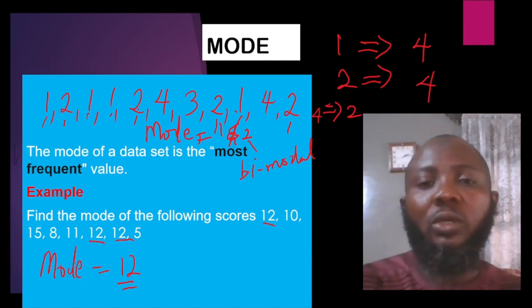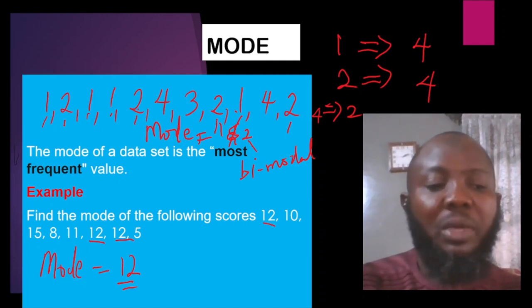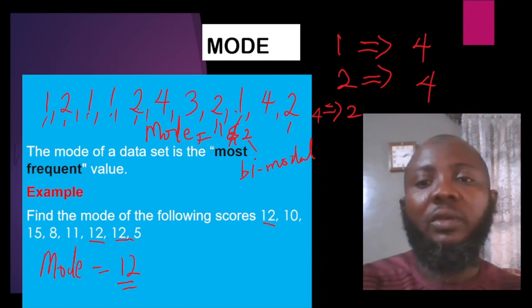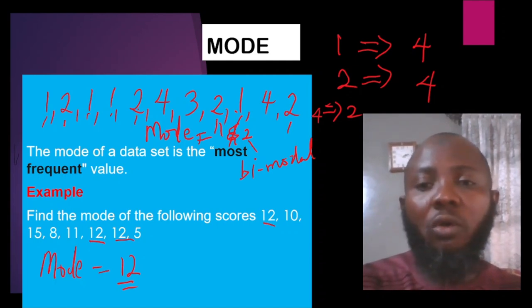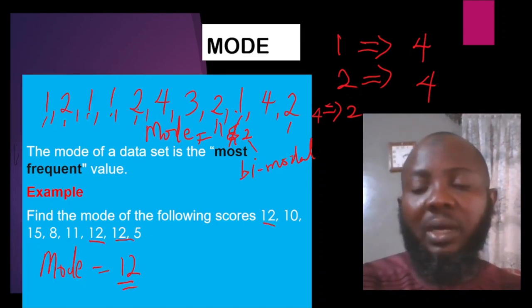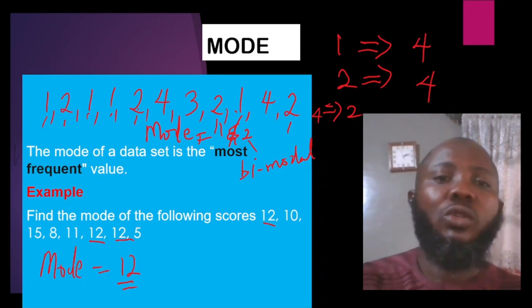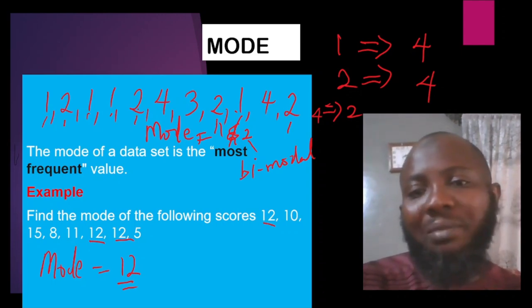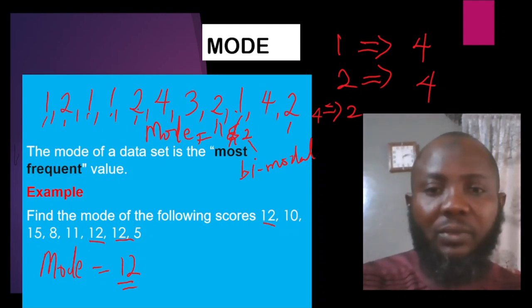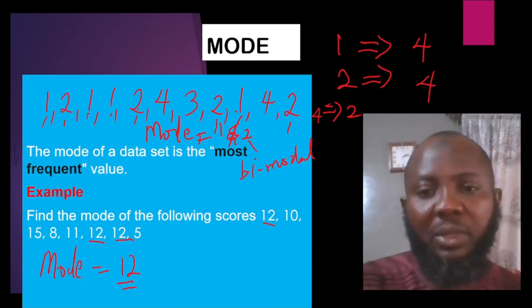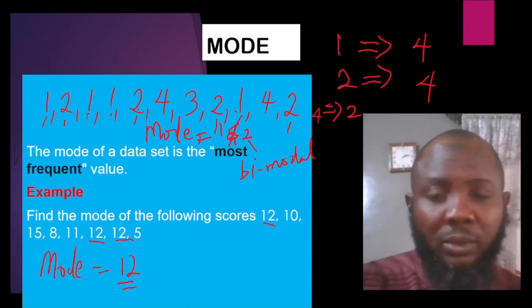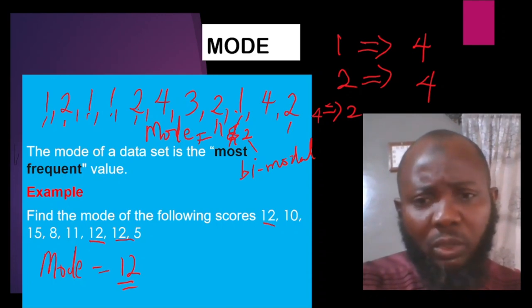I'm going to talk about mean, median, and mode of frequency distribution. We also look at mean, median, and mode of group distribution. You understand? So there are different ways of finding those. For the purpose of this one, we only limit ourselves to this. All right. So that is what we are going to look at here.